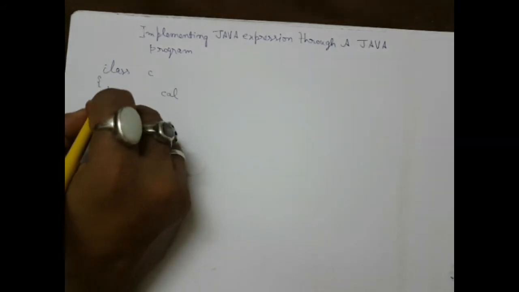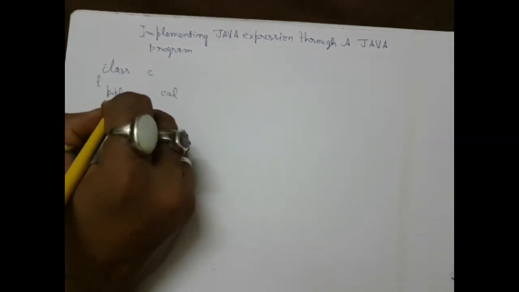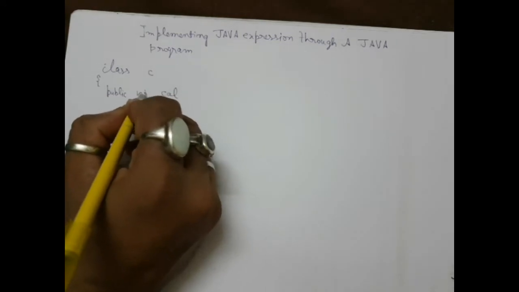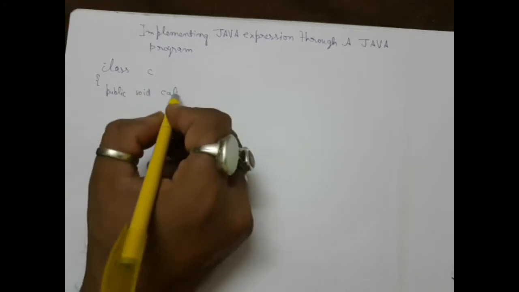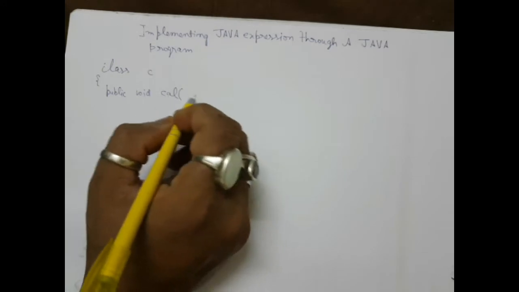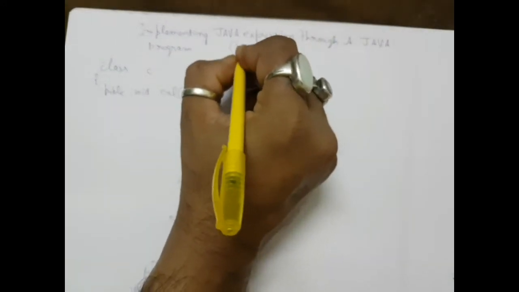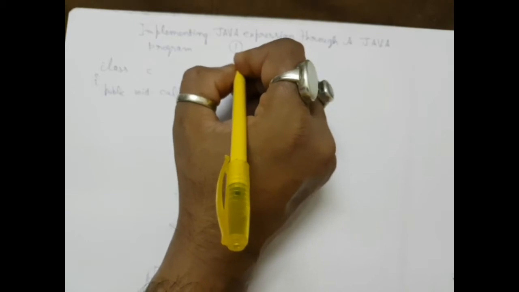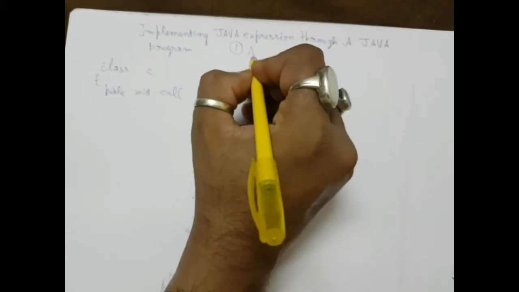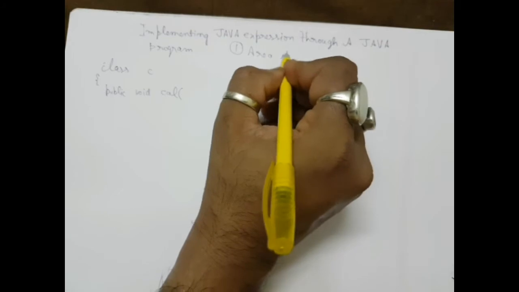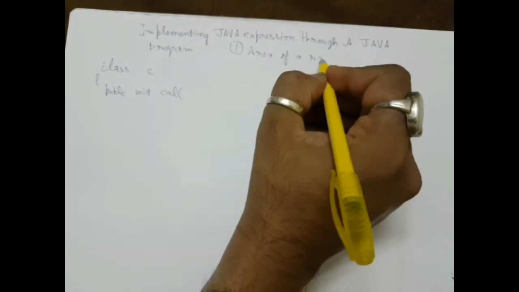Okay, and access modifier I give it public, and the function does not return anything, so I give it void. And this is the area in the parenthesis where we can pass the value. Okay, so suppose the first program which I'm going to write is for the area of a square.